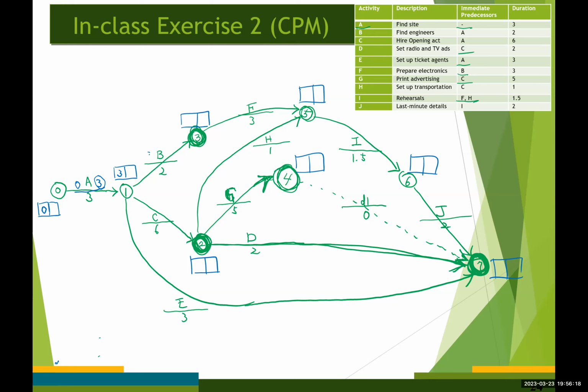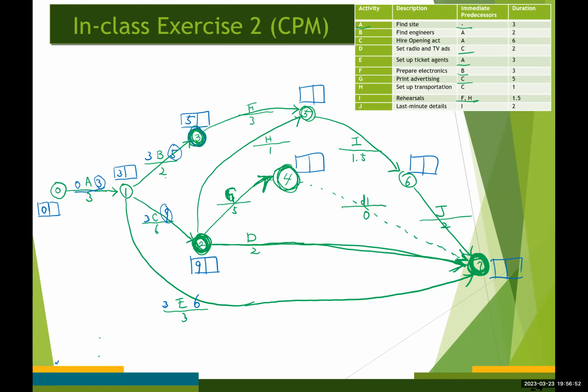And then we have 3, 3, 3, right? 3 plus 2, 5, 3 plus 6, 9, 3 plus 3, 6, right? And the earliest time for event number 2 is going to be 9, from here. And the earliest time for event number 3 is going to be 5, right?